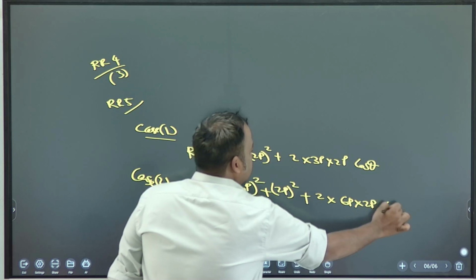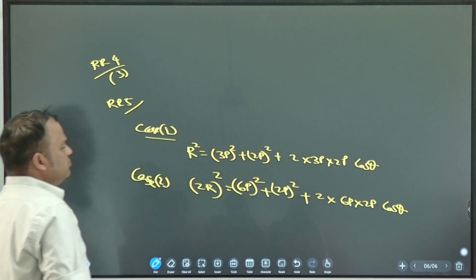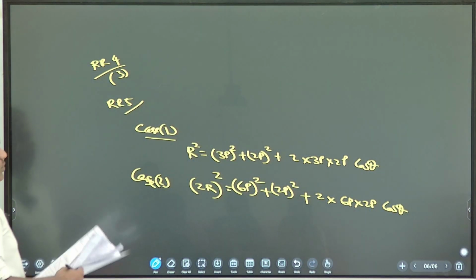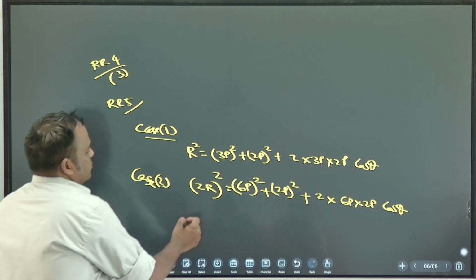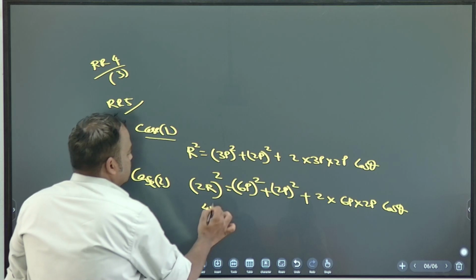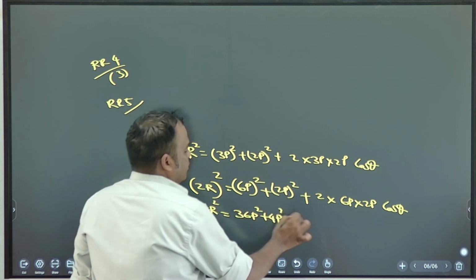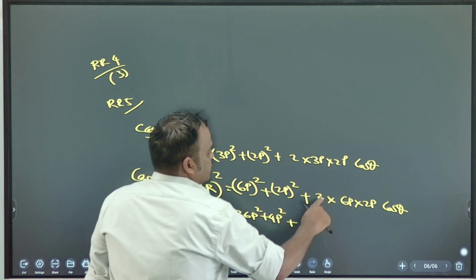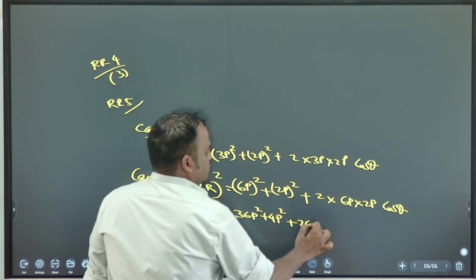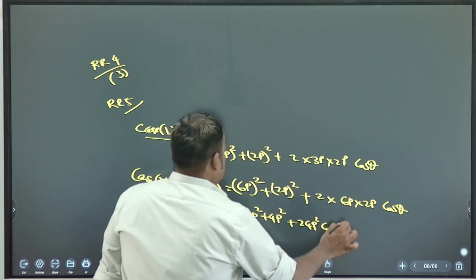Are you getting? Okay. So this is 4R square is equal to 36P square plus 4P square plus 6 twos are 12, into 2, 24P square cos theta.